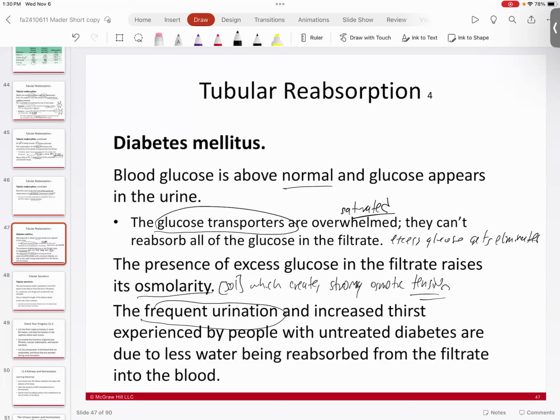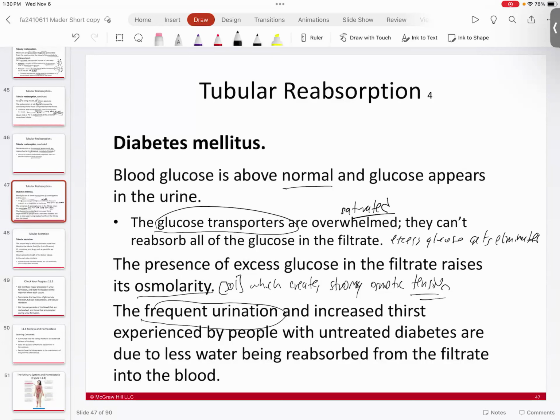And since your water is moving out because it's chasing all this glucose, you start losing a lot of water, and you can start triggering your thirst response, which is oftentimes one of the symptoms of uncontrolled diabetes. You basically have sticky urine, and you have this kind of unquenchable thirst because you're urinating out all your glucose, and a lot of that water is going back into it.